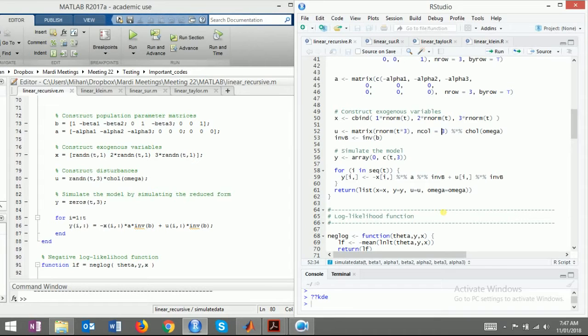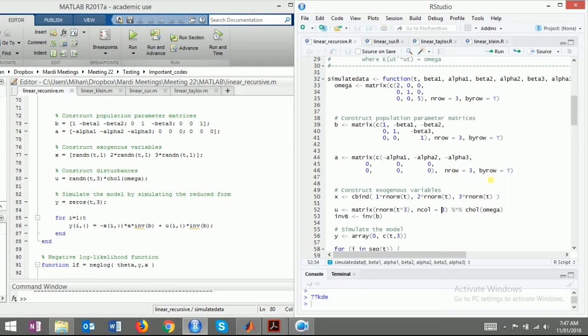So with the whole loop, we get x and we get y, we get u in this function. The function when completed gives us x, y, u, omega.